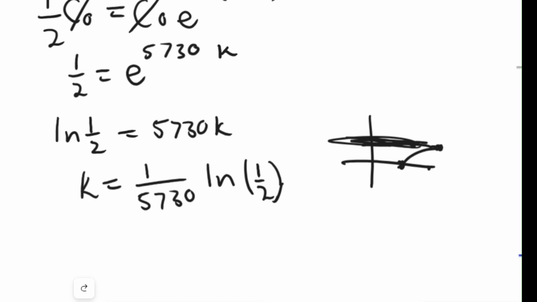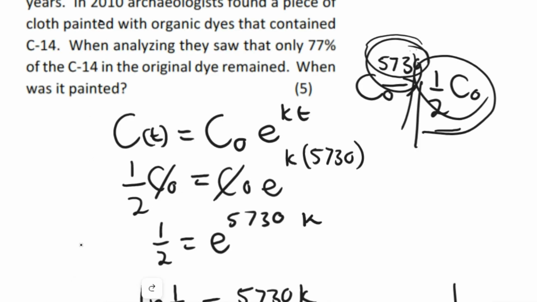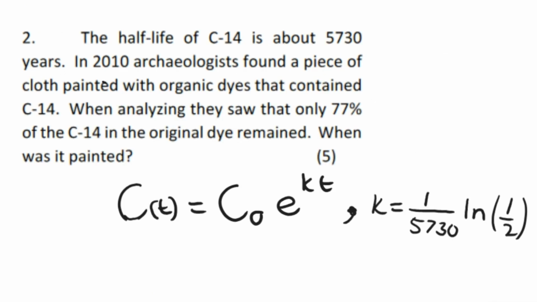we just have to go back to our formula. It was this formula here. We have to come back here and substitute our k with the value that we found down there. So C of t will be C naught, which we don't know, e to the power of k t.